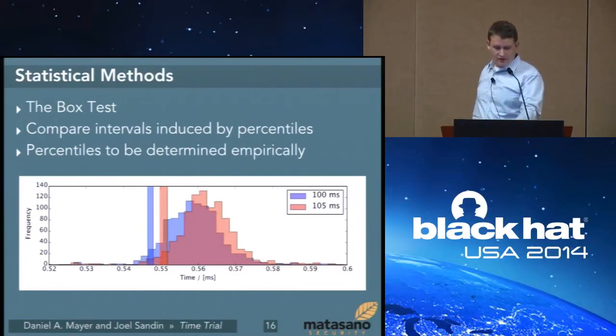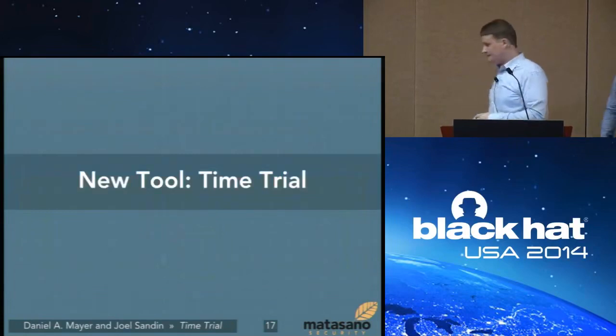We see that the longer execution time is 5 milliseconds longer, and the box actually occurs to the right of our box for 100 milliseconds. So we're basically confirming that one distribution is a time-shifted copy of the other. That's really what the box test amounts to. We'll talk more about the effectiveness of this statistical method. I should just mention that this is what's actually built into the tool, TimeTrial. Now Daniel will talk more about the architecture and capabilities of the tool.